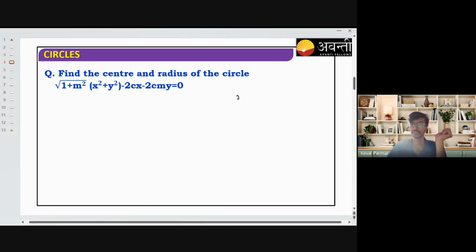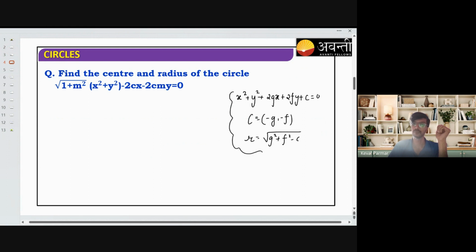If the equation of the circle is the general equation x square plus y square plus 2gx plus 2fy plus c equals 0, what is the center? The center is minus g comma minus f. And what is the radius? The radius is the square root of g square plus f square minus c. I hope you are getting it.